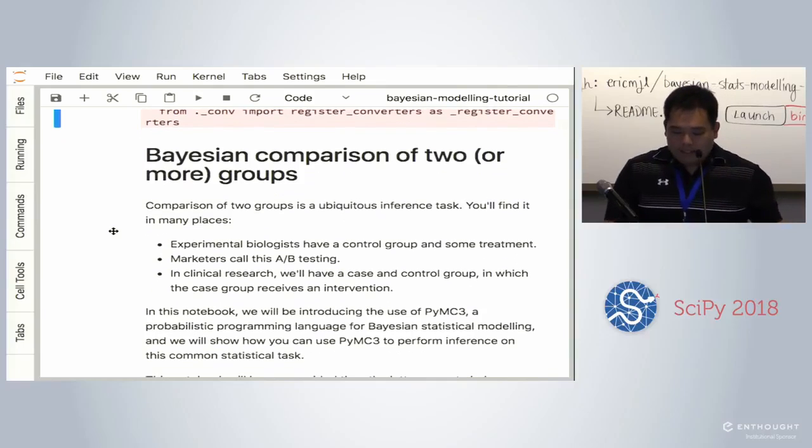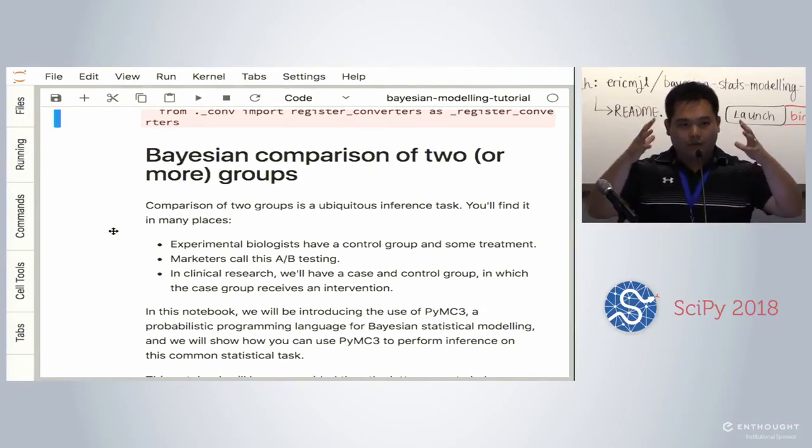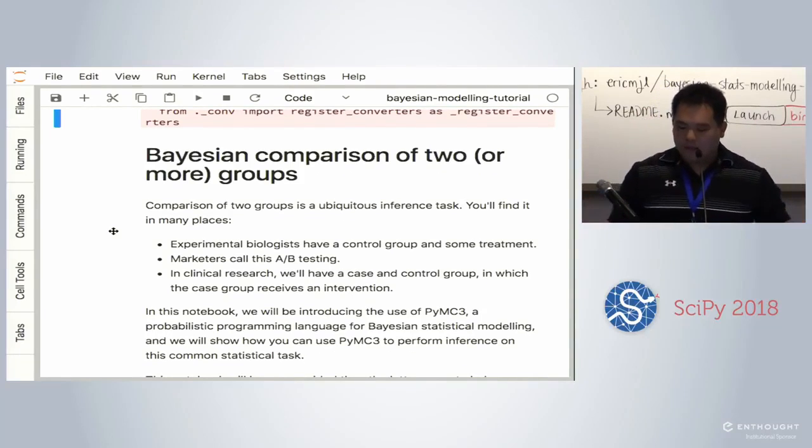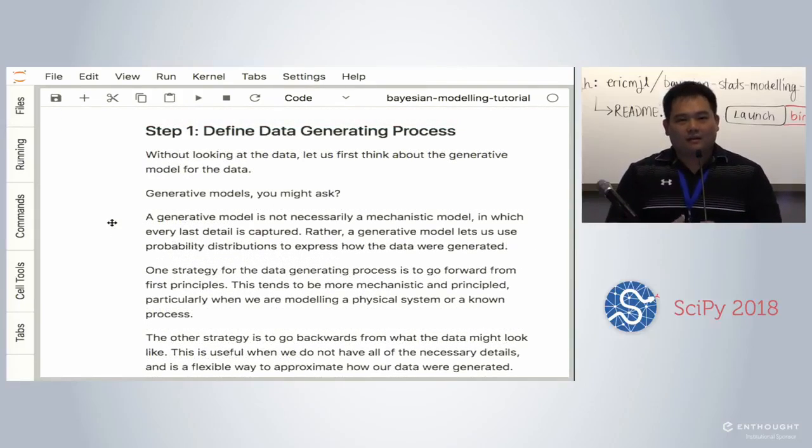So this is what we're going to go through, a simplified case. We just have 2 groups, but it generalizes to more than 2. This is a very ubiquitous task. I think that 80% of what we'll be doing in Bayesian inference is this sort of walk in the park, commonplace comparison of this group versus that group under a particular model.